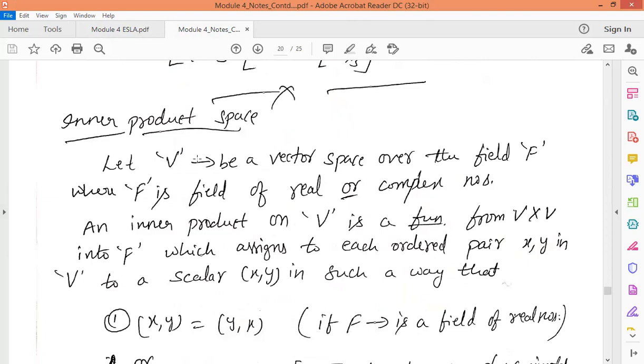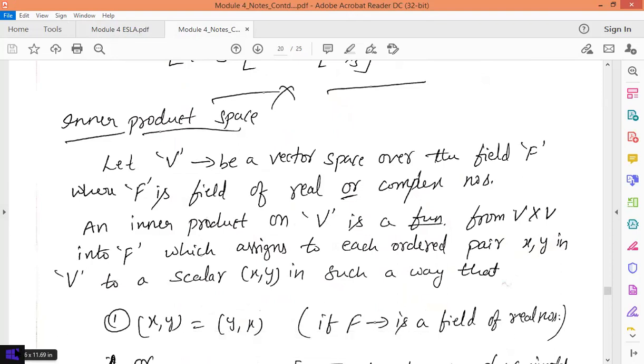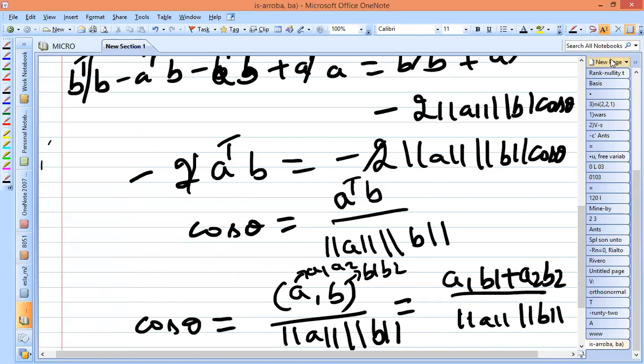Suppose we have two vectors u and v in R2 space, and both are of the order n into 1 matrix. Then u transpose will be considered as a 1 into n matrix. I'll just take up the notebook, otherwise you'll not understand if I say it orally.